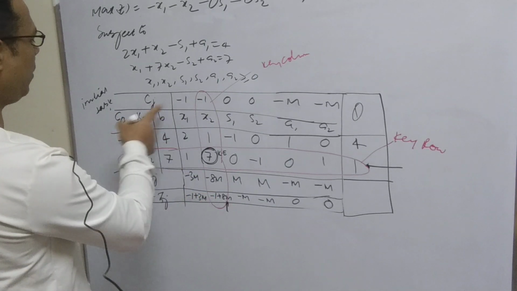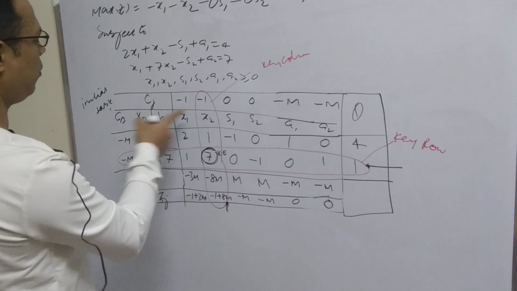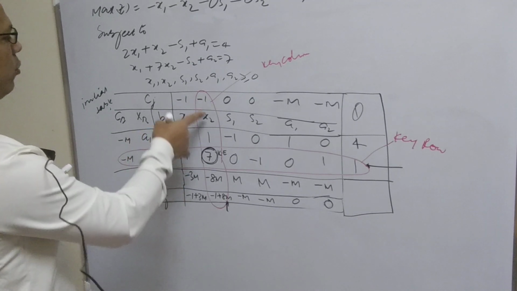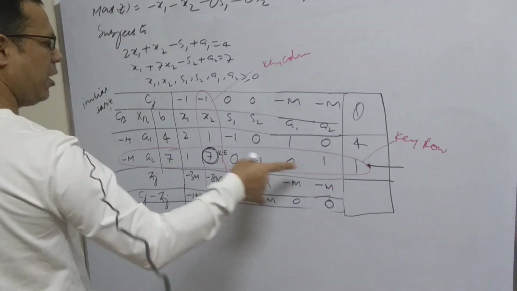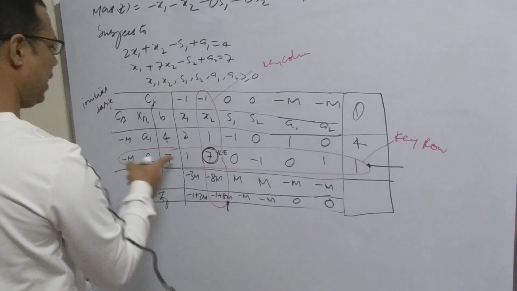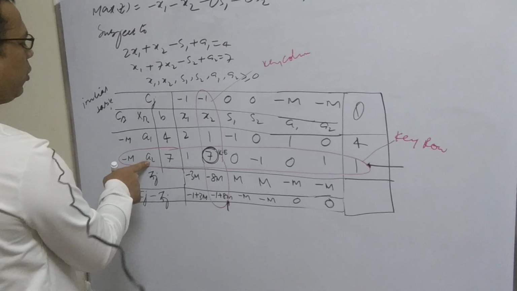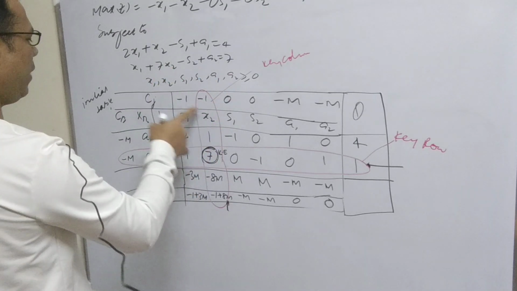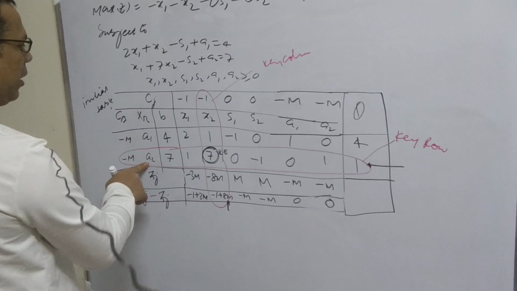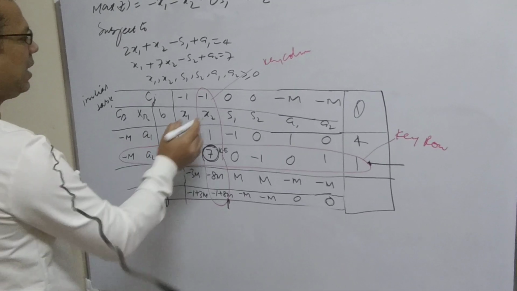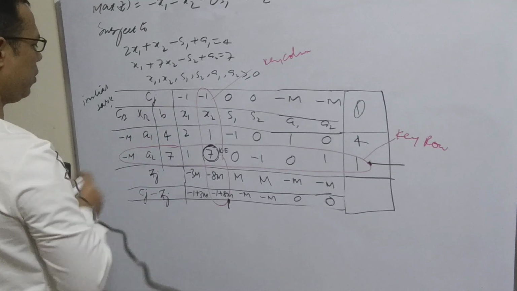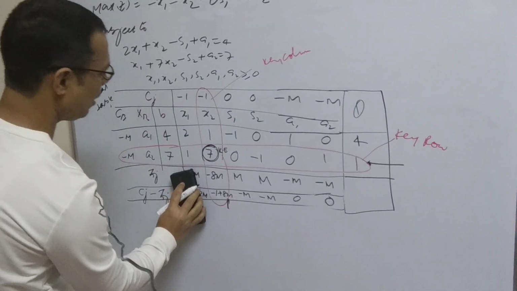In the key row, the variable considered is a2, it means a2 is going to leave the basis. So x2 will enter at the position of a2. So now it has been decided x2 will enter at the position of a2. So now I am going to delete up to here.